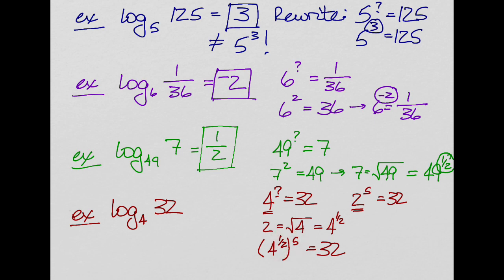So this really says 4 to the 1/2 times 5. I'm going to write it as 5/2. There's my exponent. We had to work for it. 4 to the 5/2 gives us 32. The square root of 4 is 2. 2 to the fifth power is 32. And this is evaluating logarithms.